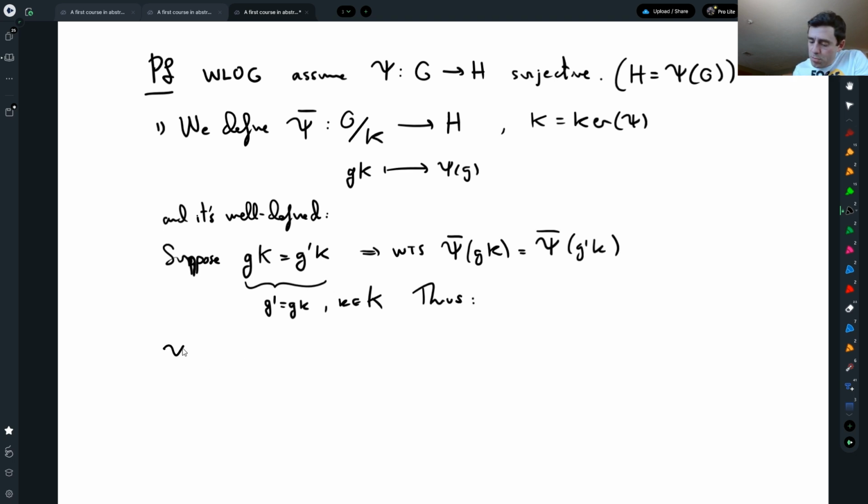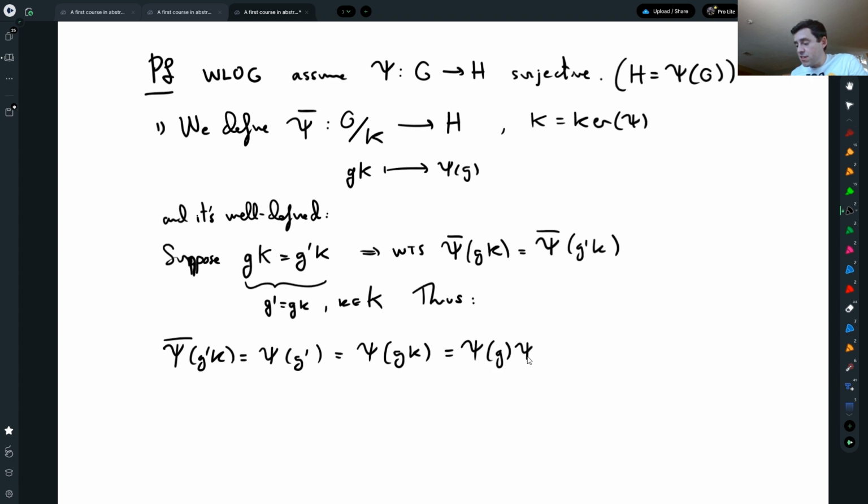And therefore, let's see, how much is psi bar of g prime K? G prime K evaluated via psi bar is just psi of g prime. Psi of g prime is psi of gk. And because psi is a group homomorphism, this is psi of g times psi of little k.